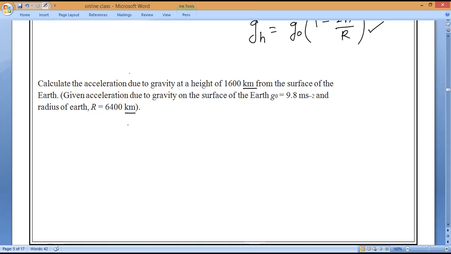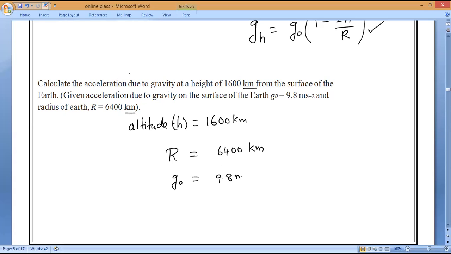The altitude h is equal to 1600 kilometers. The radius of the earth is 6400 kilometers. Also, g naught equals 9.8 meters per second squared.